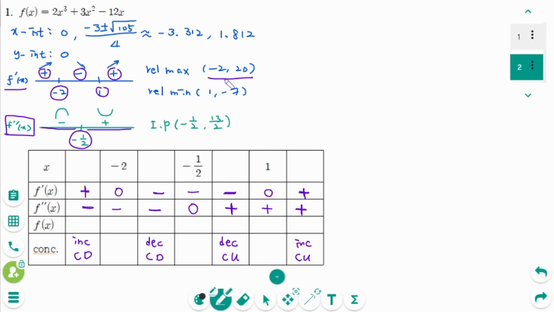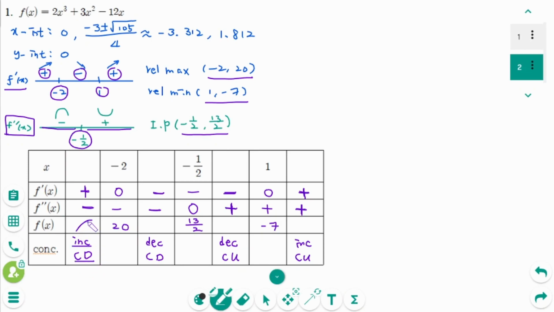And the relative maximum is minus 2, 20. Relative minimum is 1, minus 7. Inflection point is minus 1 over 2, 13 over 2. Now the shape of the function is, this part is increasing and concave down.